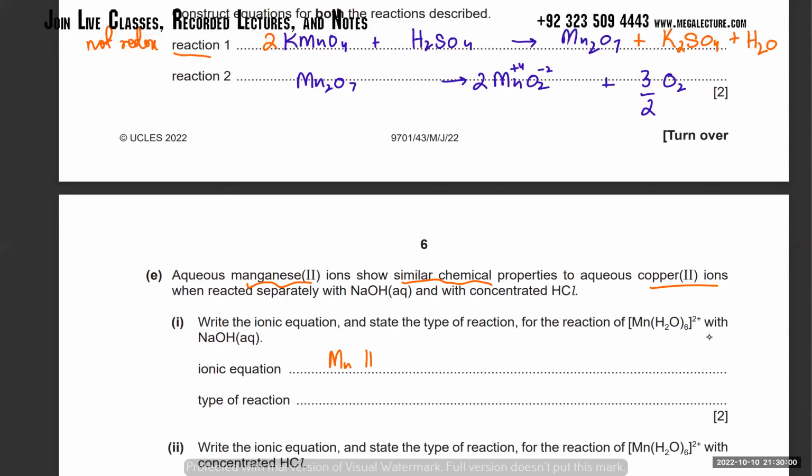Now imagine copper. What happens is that when you add OH ions to it, Mn(OH)2 is formed. The ligands get replaced by OH ions, and the 2 water molecules get knocked out, and you get a solid precipitate.